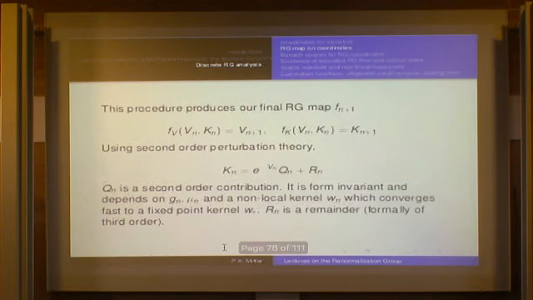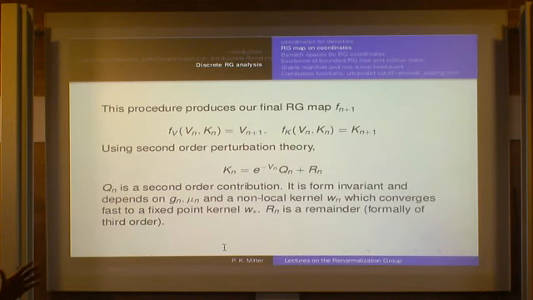So how shall we fix this? So in general, using second-order perturbation theory, as we will see, I'll give you an explicit form of what this Qn is, and you get a remainder which is third order and beyond, which are irrelevant terms actually.